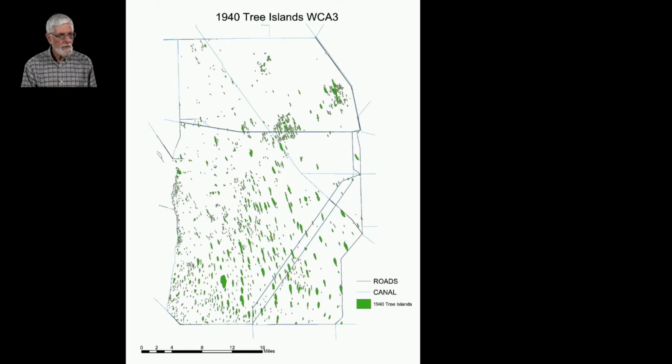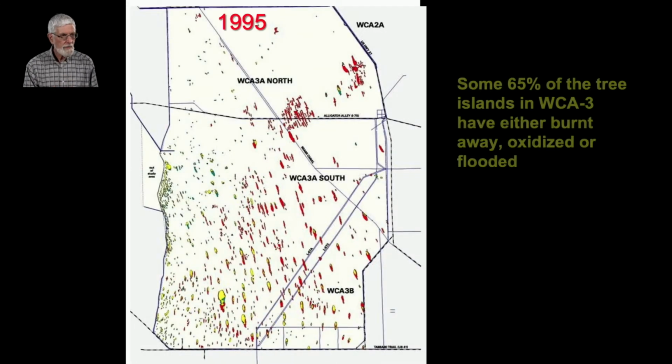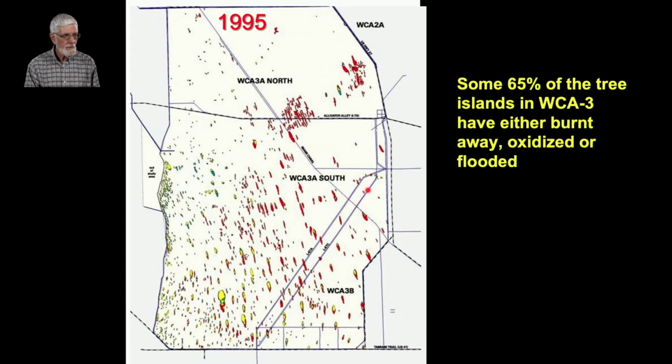And then when we overlay on top of it the 1995 imagery, what we see here in red are all the tree islands that have either completely disappeared or become ghost tree islands where just some small head is left. The yellow is showing here it would be no change. 65% of the tree islands in 3A have either burnt away, oxidized, and/or flooded.